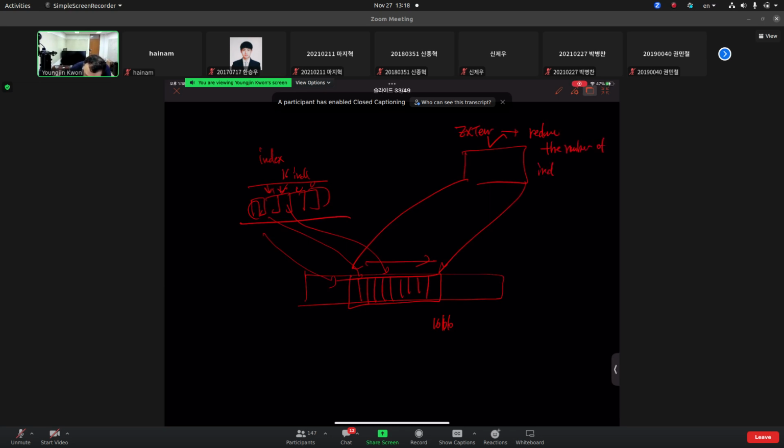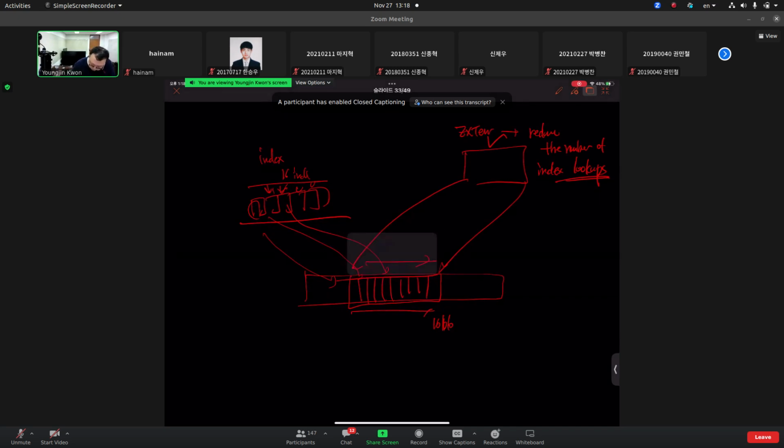The number of index lookups is reduced. Okay, so it provides much better performance for sequential access compared to index allocation. Okay, that's the point. Good.